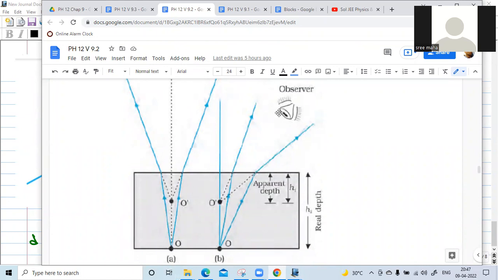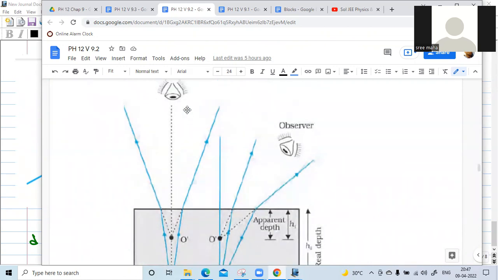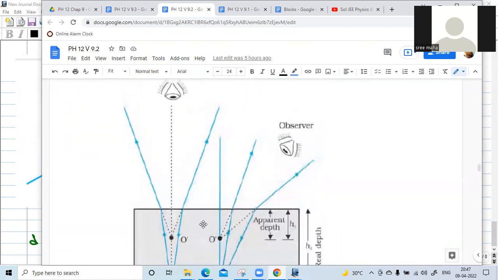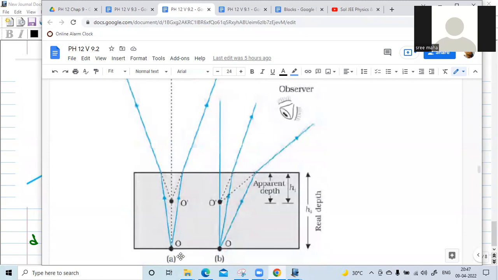If you observe from an angle, then also it will appear as if the object is here. So the height of this shift, rho prime, is the same whether I observe from directly above or at an angle. So the real depth is this much, the apparent depth is this much.